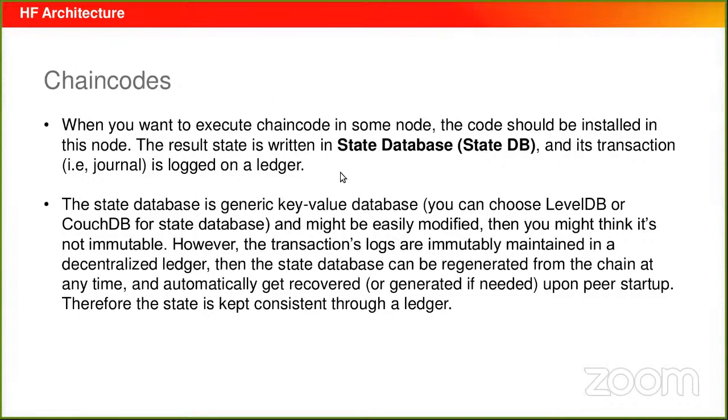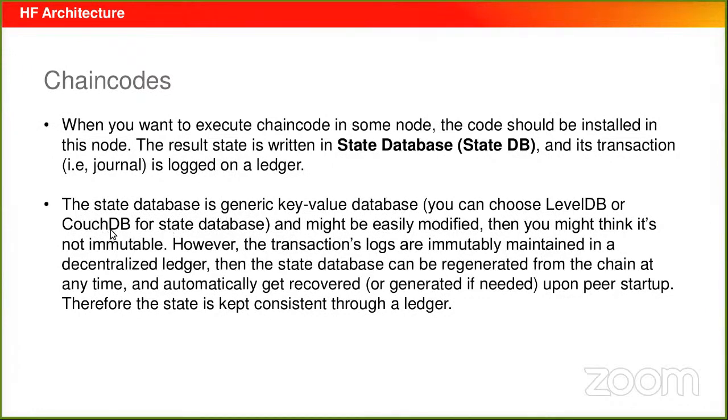Basically, once you have a node, if you want to run the chaincode on that node, first you need to install the chaincode or smart contract on that node. And once the installation is finished, its record is going to be stored on the state database, as well as on the ledger of that node.